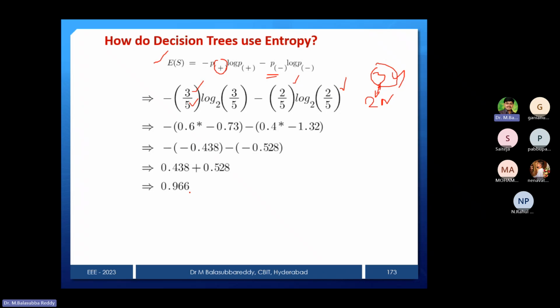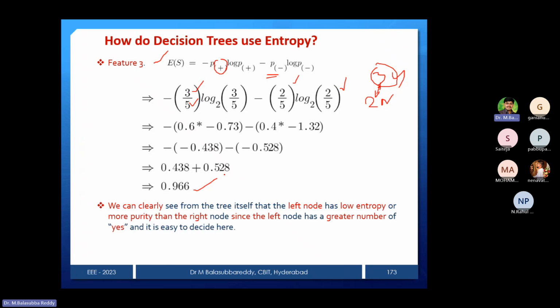This is the formula, and for F3 we got 0.966. So feature 3 is 0.966 and feature 2 is 0.85. Now we can see that the left node, feature 2, has low entropy.